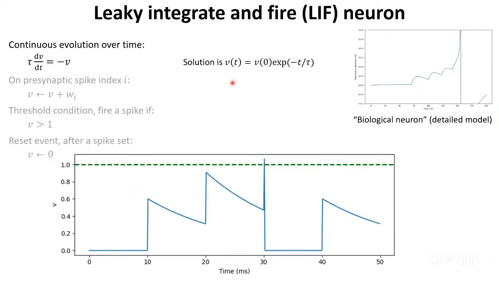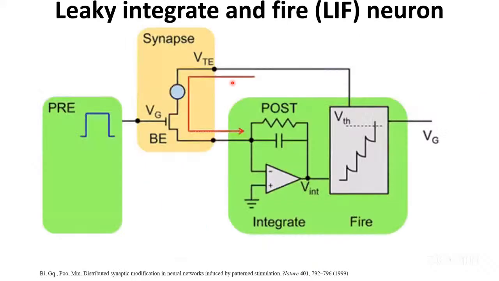So this model is also implemented like this. If you see this leaky integrate and fire neuron, this is implemented with the help of a leaky integrator. So you have an integrator, which is, you can see here, op-amp based, and then there is a resistor that is in parallel. This becomes a leaky integrator.